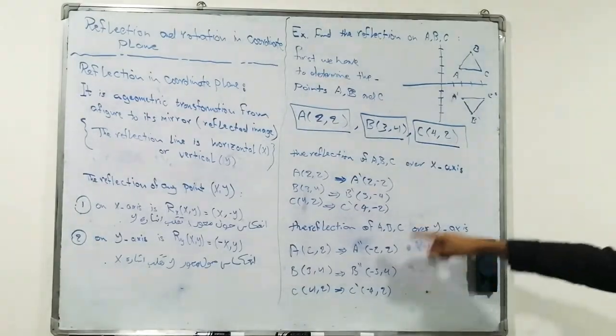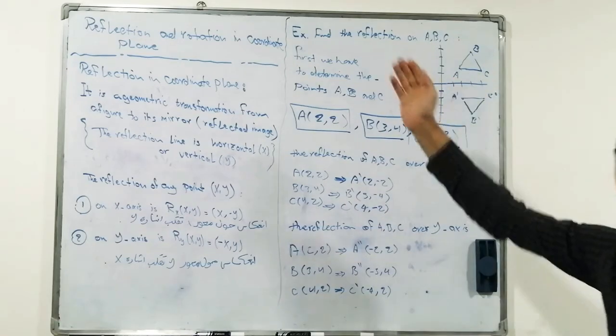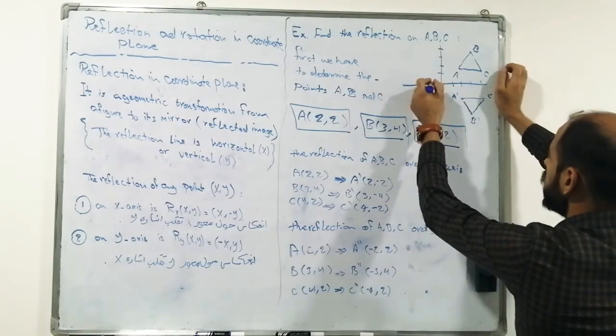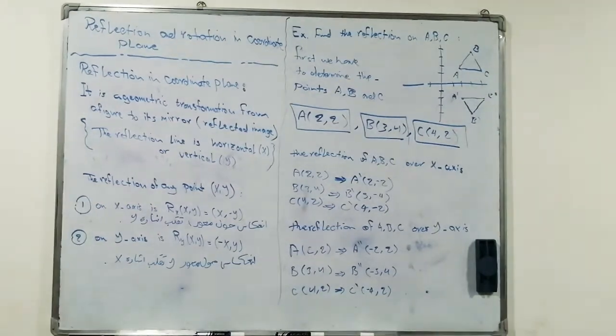Now determine the points A double dash, B double dash and C double dash, which represent the reflection of ABC over y-axis. A double dash -2 2.